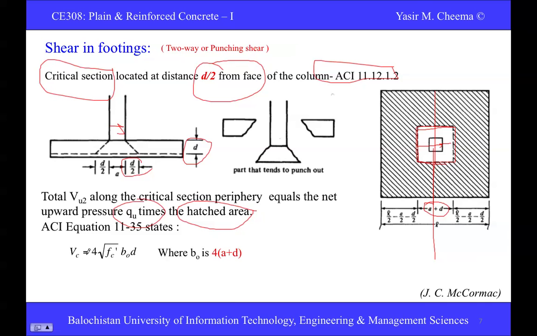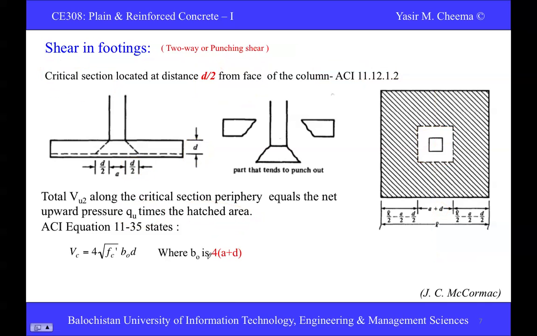So here Vc is equal to 4 times the square root of fc prime times b naught d, and where b naught is this perimeter. One dimension is a plus d, so the perimeter of this whole portion is 4 times (a plus d). So this is the value of b naught in this equation.